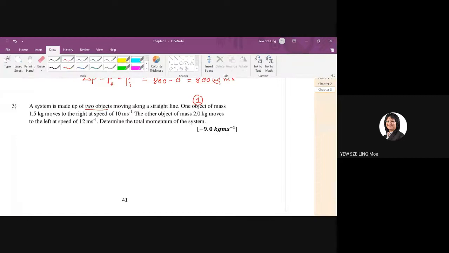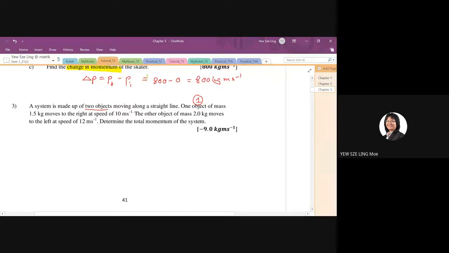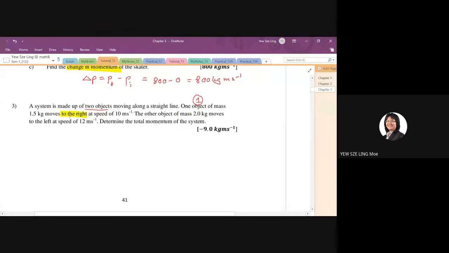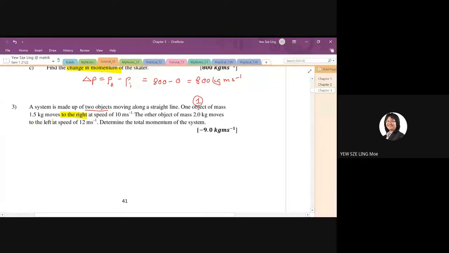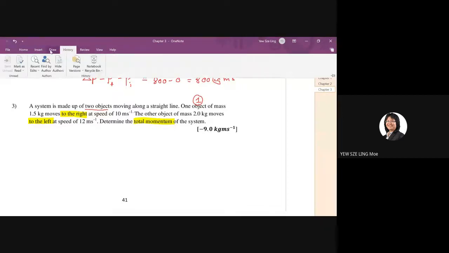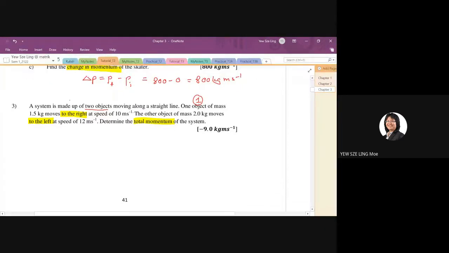Now the keywords: the question gives you direction. When you have two objects and they have two directions, the first object is moving to the right and the second object is moving to the left at a speed of 12 meters per second. Determine the total momentum of the system. These are the keywords in a question. First, object 1, I'm going to call it m1.